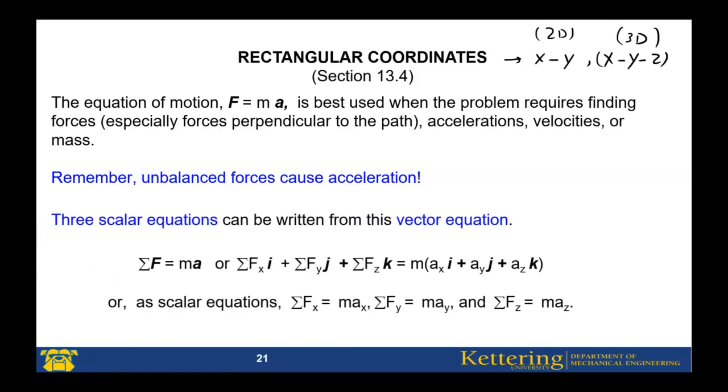Also, we can find the components of the sigma F, or resultant force, along x, y, and z, and also find the components of this vector a along x, y, and z directions. Just a very simple example.